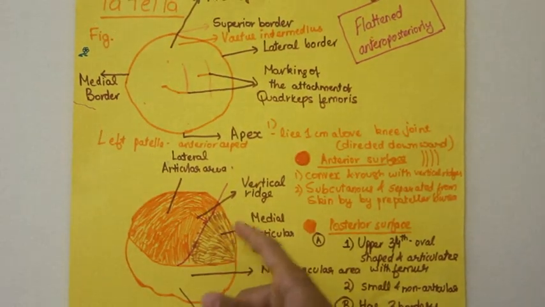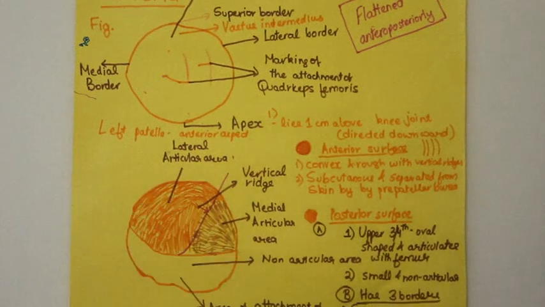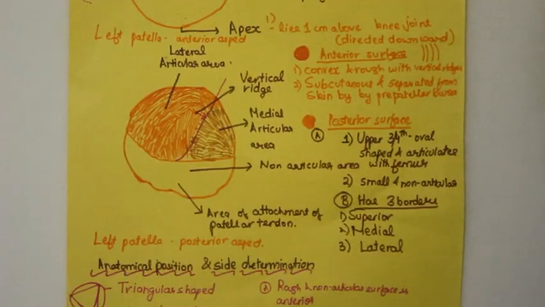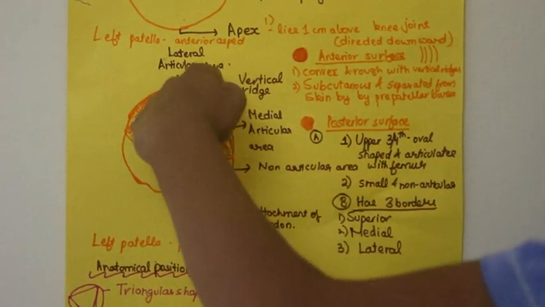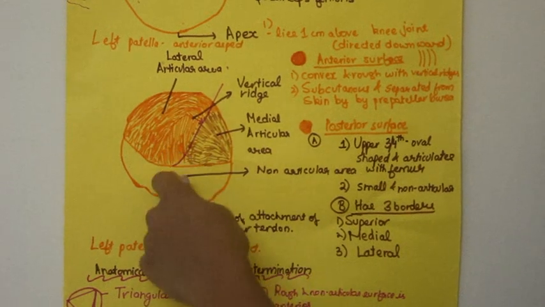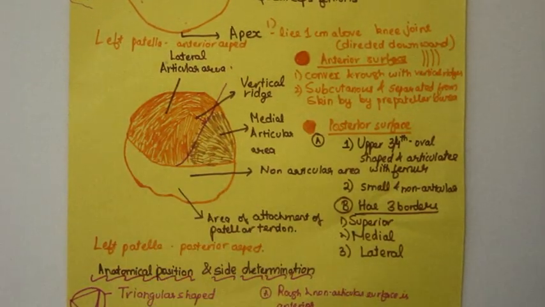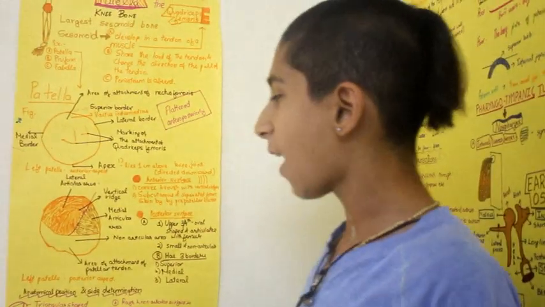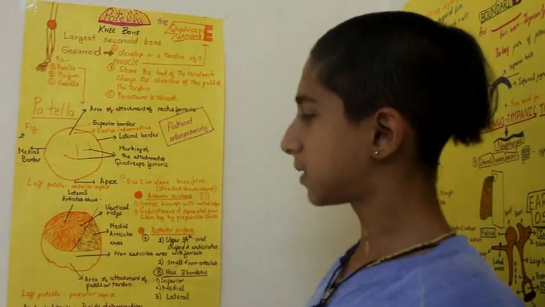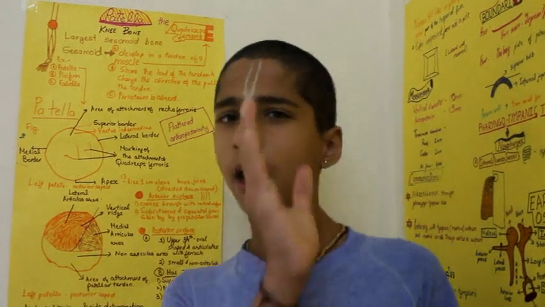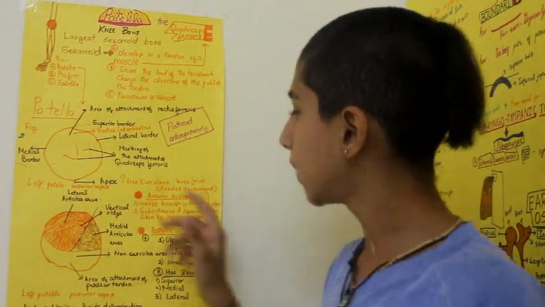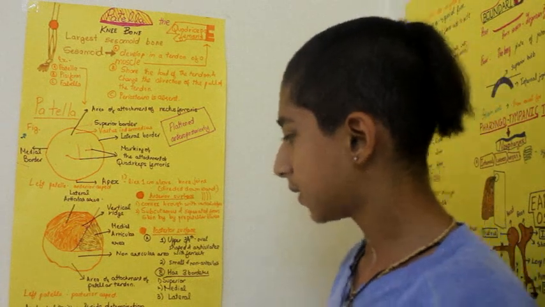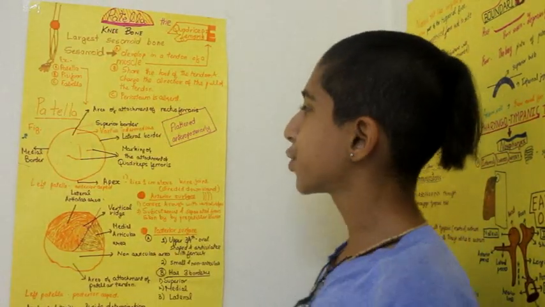You can see that the medial area is quite small and the lateral area is large. These two are separated by a vertical ridge, like how India and Pakistan are separated by a border. We have these two areas similarly separated by a hard and rough ridge. This is how it looks, and this is its description.